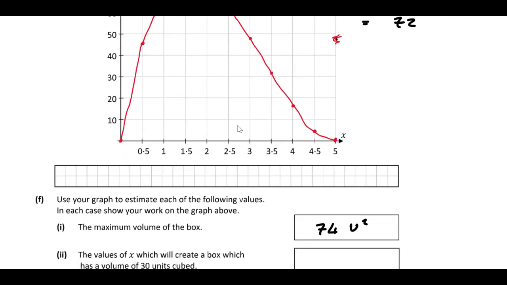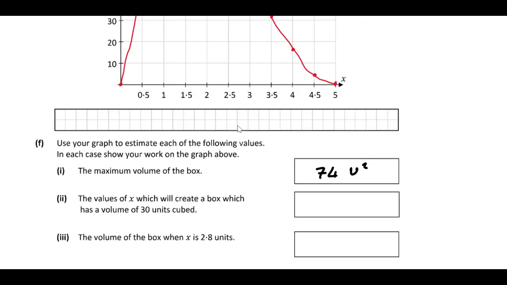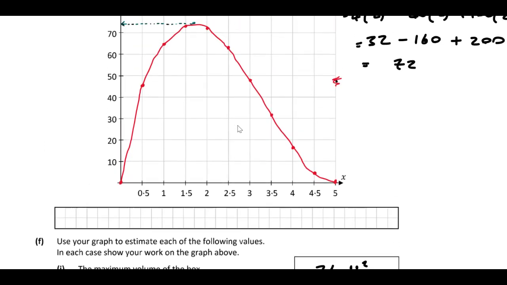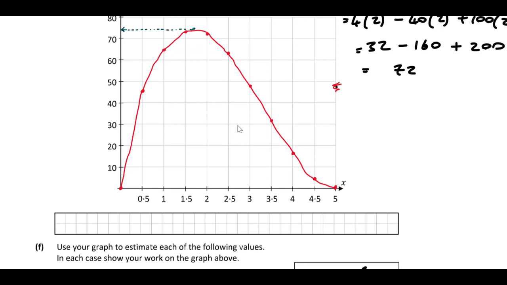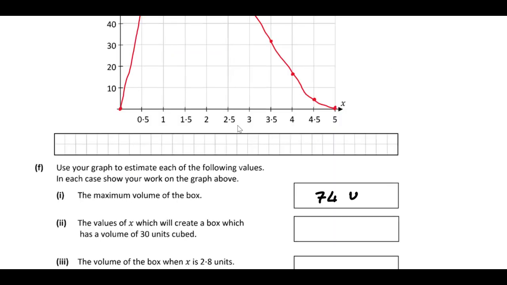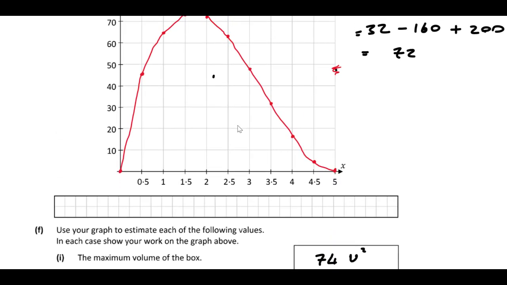Now, second one is the value of x that will create a box which has a volume of 30 units. 30 units. So we've got x along the x-axis. So 30 units is going to be here. So we've got to come across. Just use a different one here, I think. So we're going to take 30.